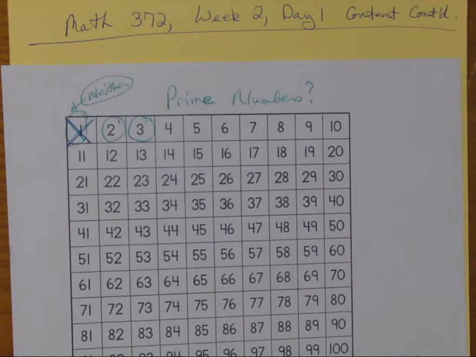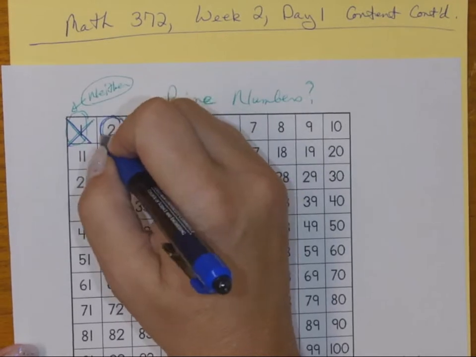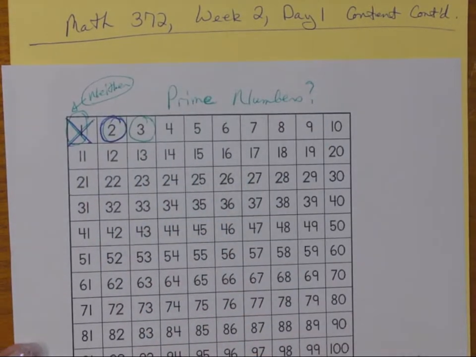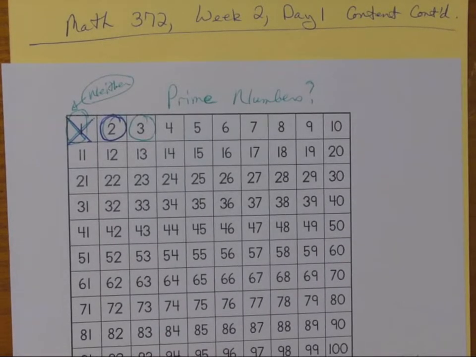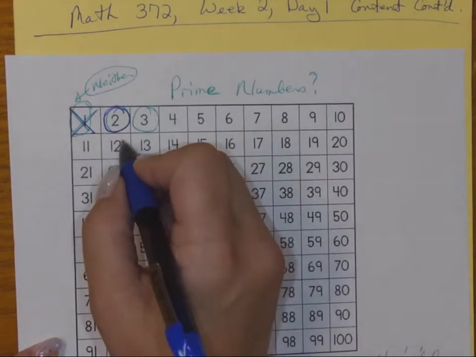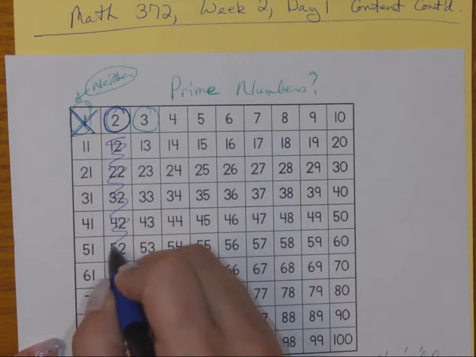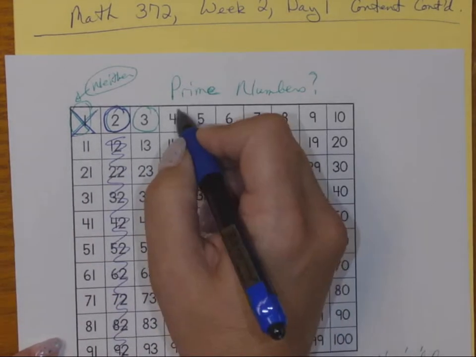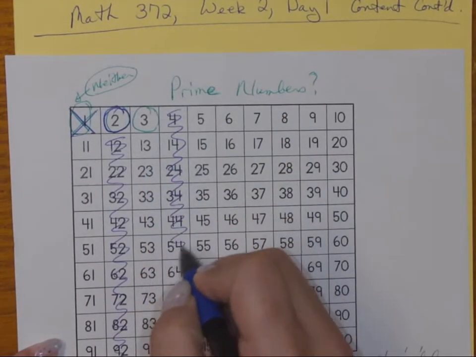We already mentioned that. And 2, interestingly, is the only even prime number. The reason is that any other even number is divisible by 2, by definition. So I can get rid of all of these columns on a nice hundreds board.